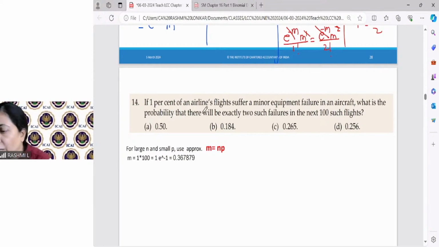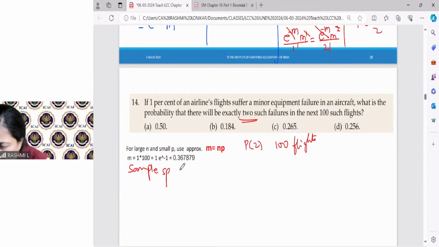If 1% of an airline flight suffers a minor equipment failure in an aircraft, what is the probability that there will be exactly two such failures? So P of 2 I need in the next 100 flights. Okay. So my sample space is how much? Sample space is equal to 100 flights.